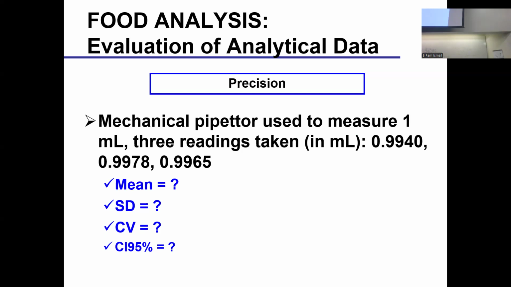Just to remember, the standard deviation is the square root of the summation of xi minus the average, squared, divided by n minus 1. So you want to get the average, and n minus 1 in this case is 2.